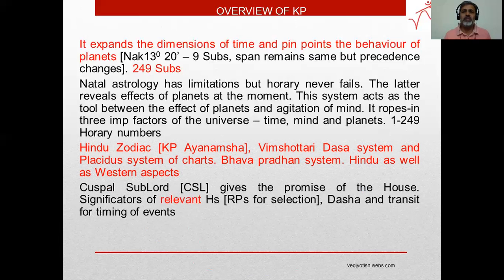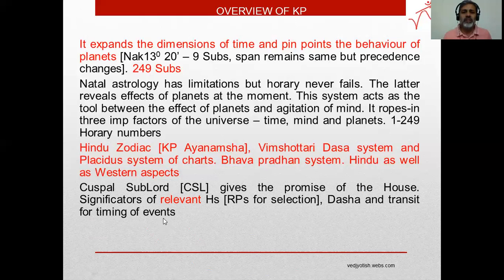It is a unique system which uses the cusps of the houses for getting the promise of that particular house. For example, if one has to find the promise of children in a chart, the cuspal sublord of the fifth cusp will tell you whether that native will be blessed with children or not. What a strong system it is.